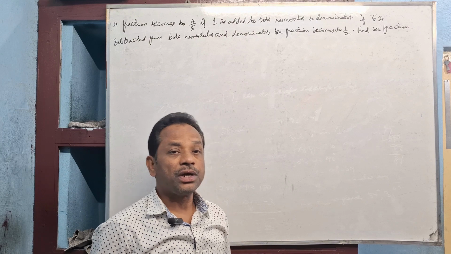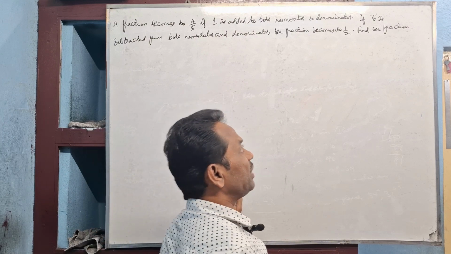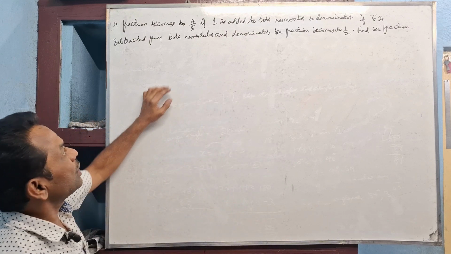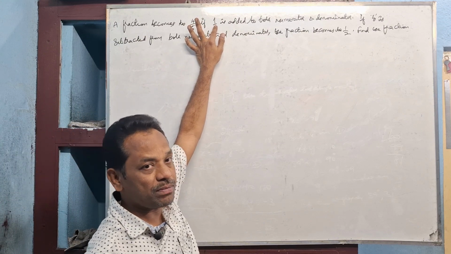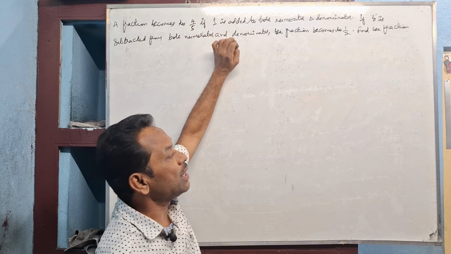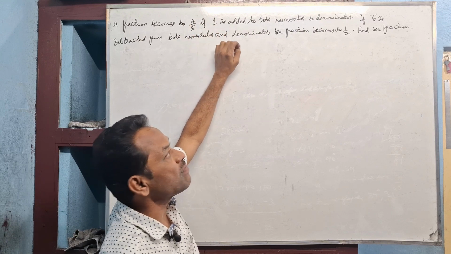In this question, we need a fraction. Given that if 1 is added to numerator and denominator, our fraction becomes 4 by 5. And if 5 is subtracted, it becomes 1 by 2.